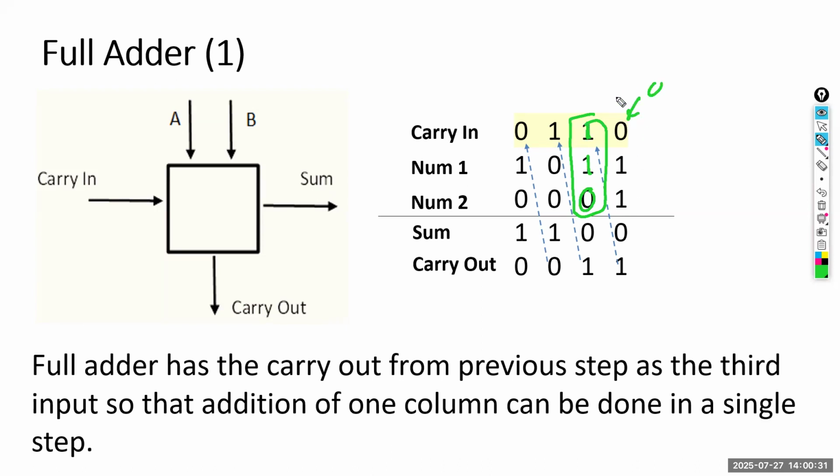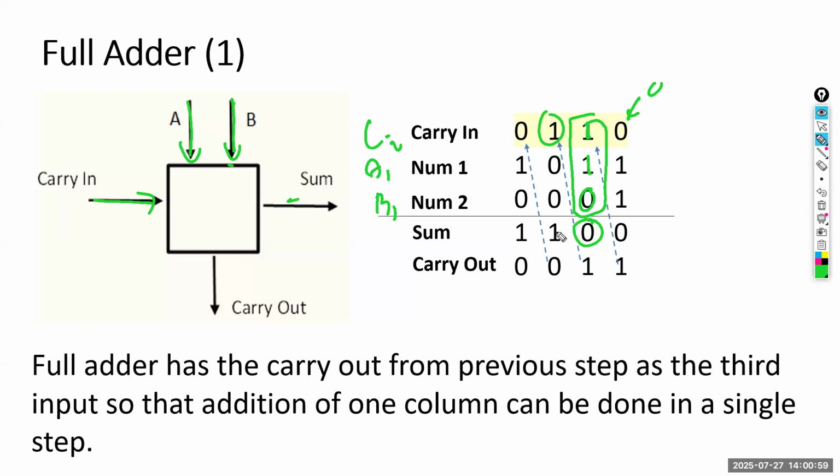But from this point onward, there's a possibility of three inputs. So if you include three inputs to your adder, that is AI, BI, and carry I. So three inputs and two outputs. This is your sum, this is your carry.